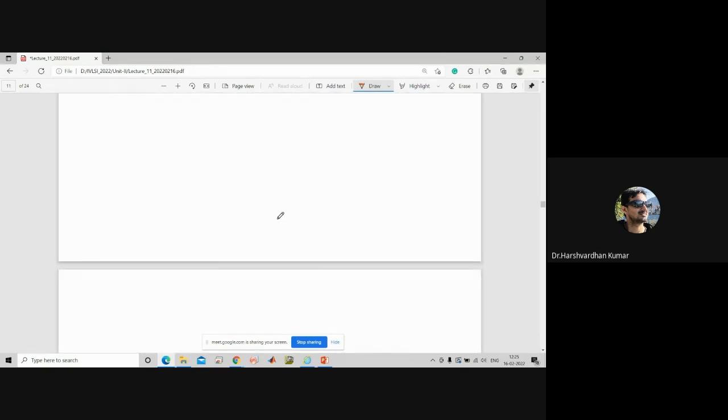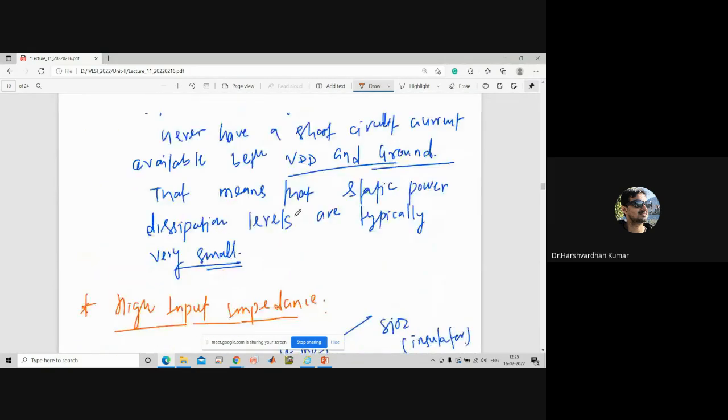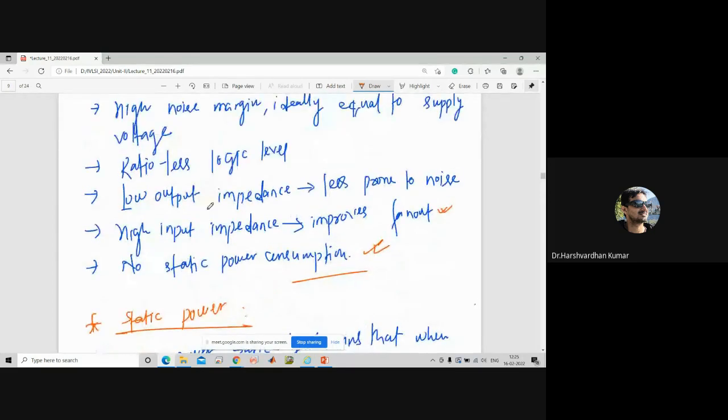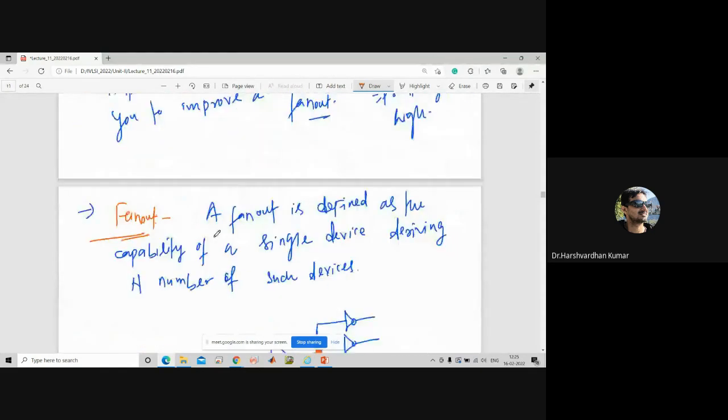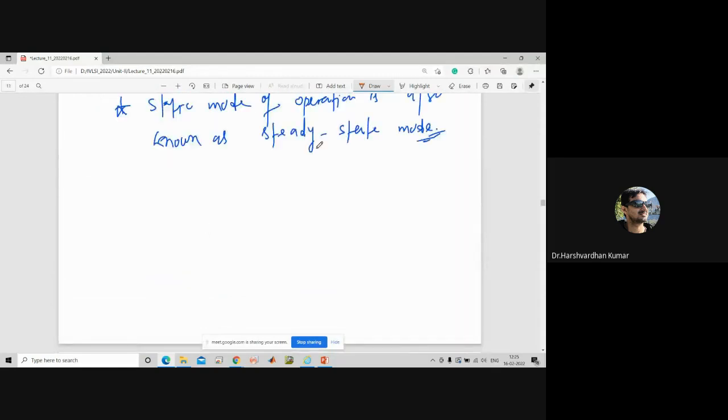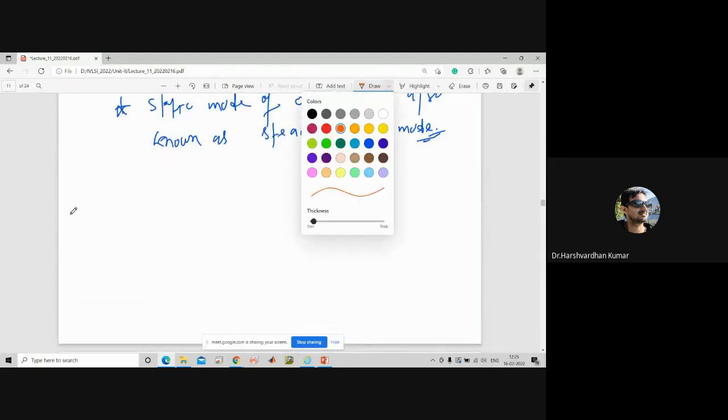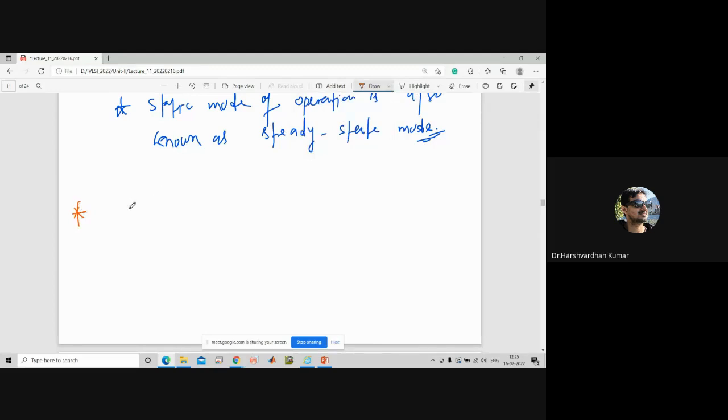Okay, now we will discuss the third point, that is output impedance. See here, the output impedance is usually very low, very less.